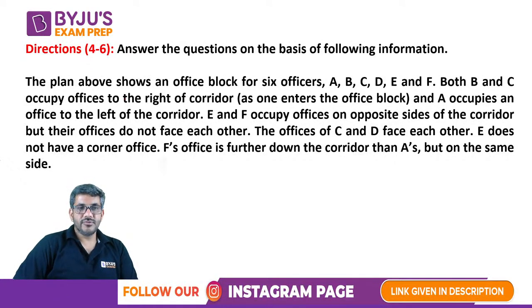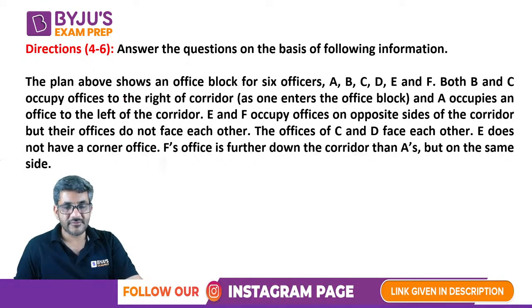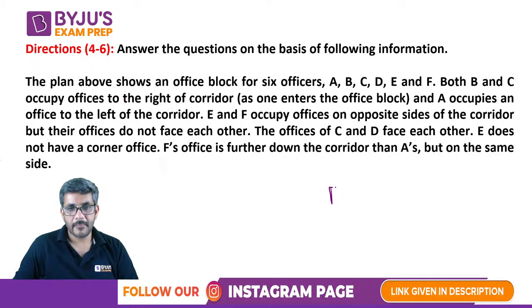The plan above shows an office block for 6 officers A, B, C, D, E, F. I have not shown the plan somehow, so let me just show you the plan.